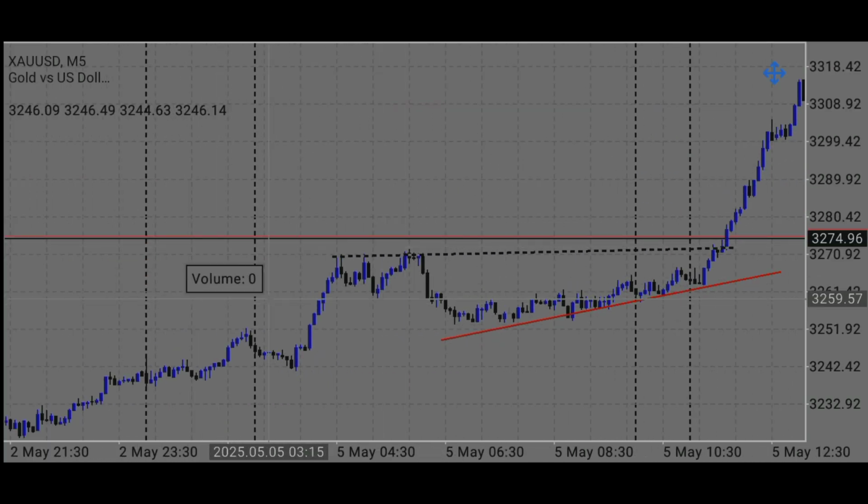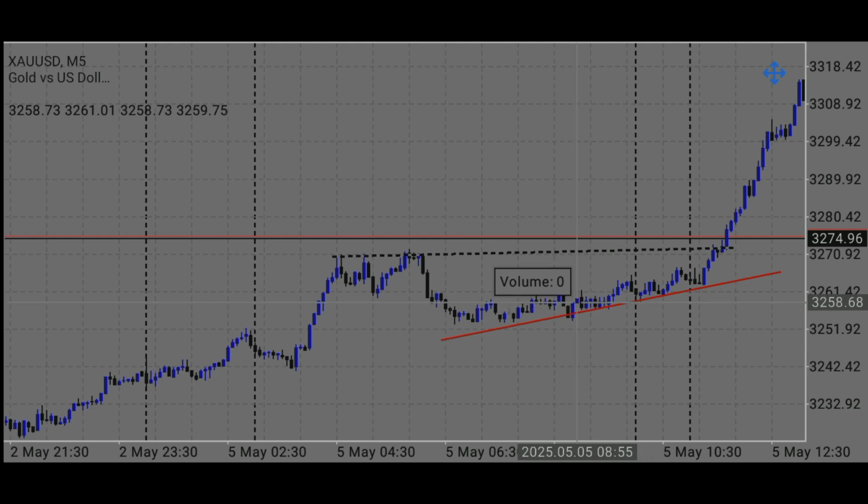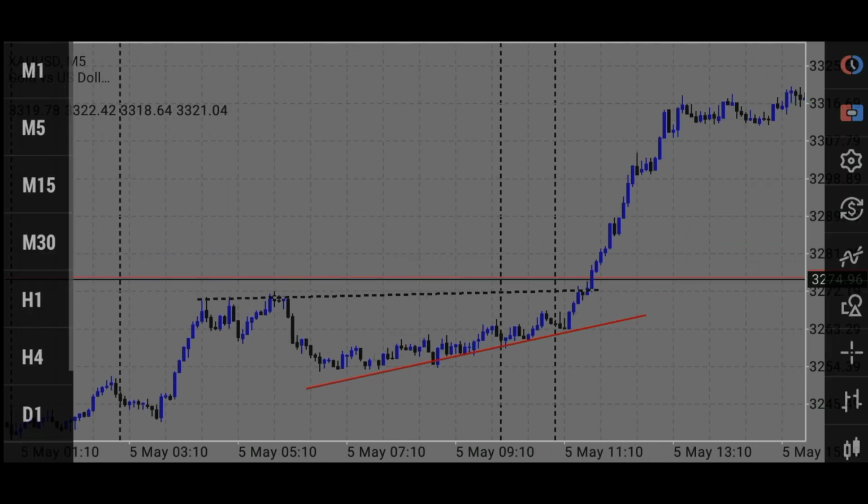So this is the start of the day, 5th May, and Sydney started, the new day started, Asian started here. I marked it. This is the start of the Asian. High of the Asian is this, low of the Asian is this and this. And the high of the Asian has been taken out.